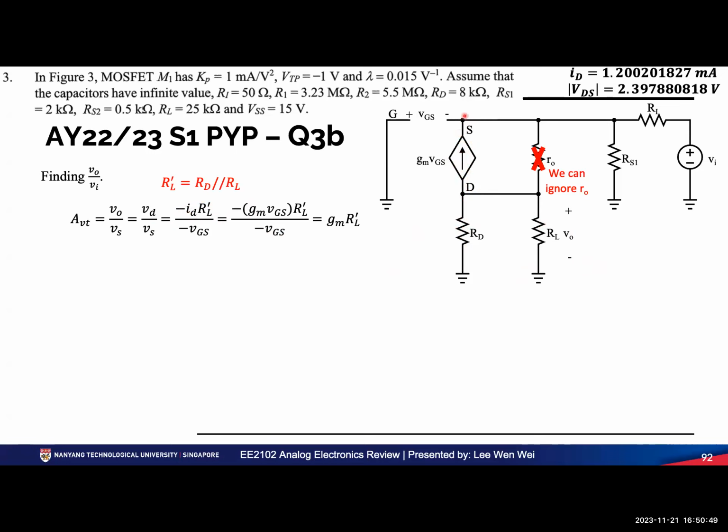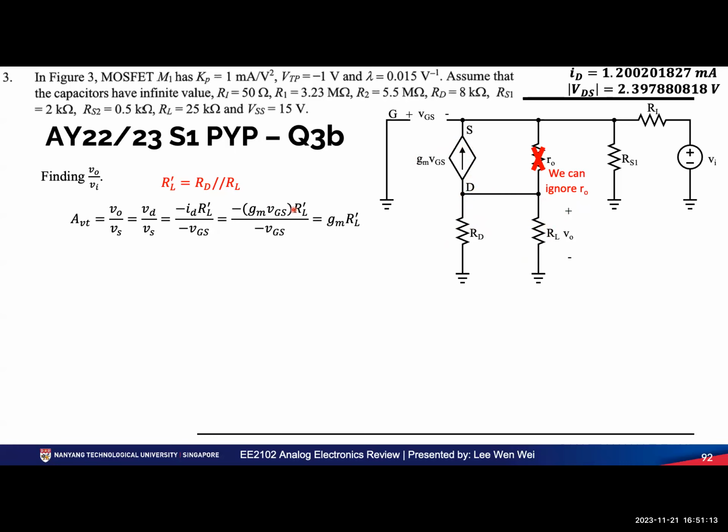Multiply by this, which is actually VD. So you can see current times total resistance is the voltage, which is VD, right? RL prime is RD parallel with RL. The current at D multiplied by this whole thing is the voltage, and the current is gm VGS.